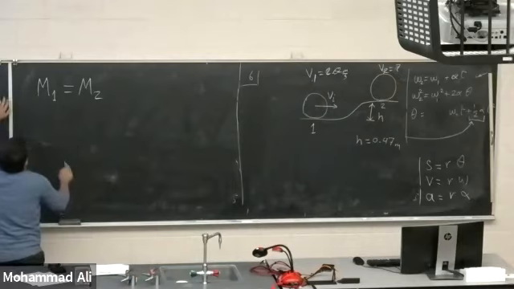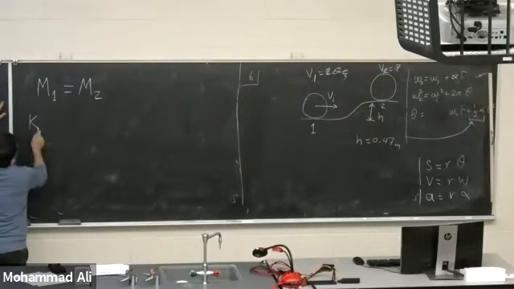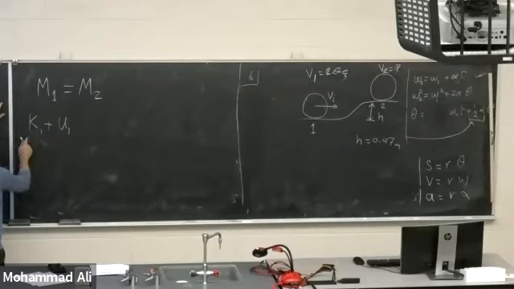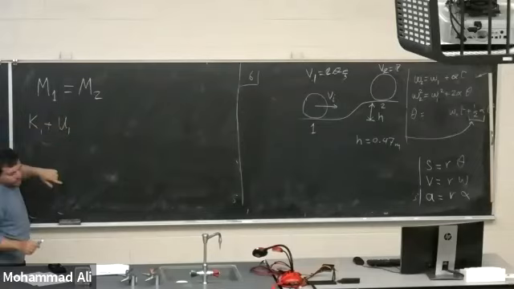The mechanical energy is the kinetic energy plus the potential energy initially. The kinetic energy, we have two motions.